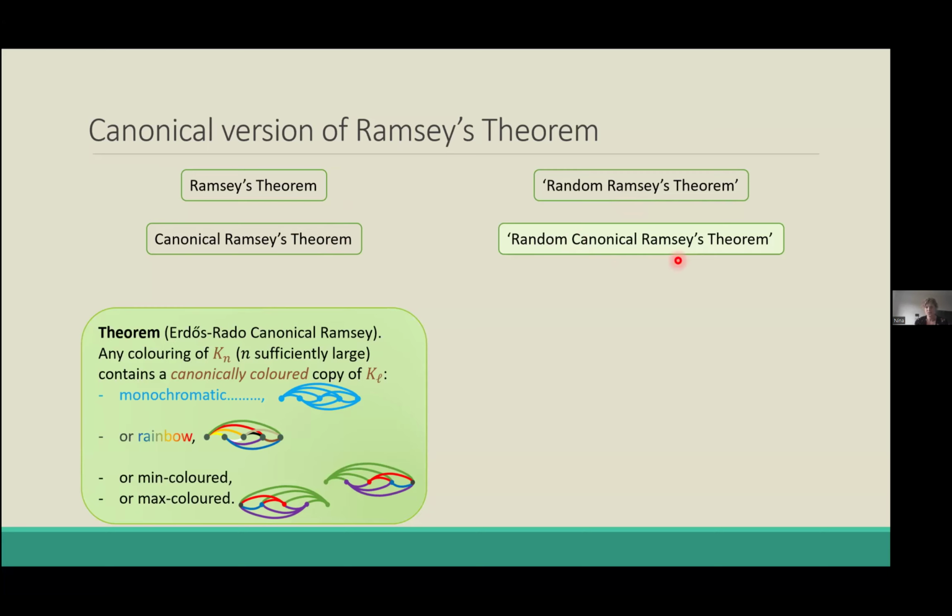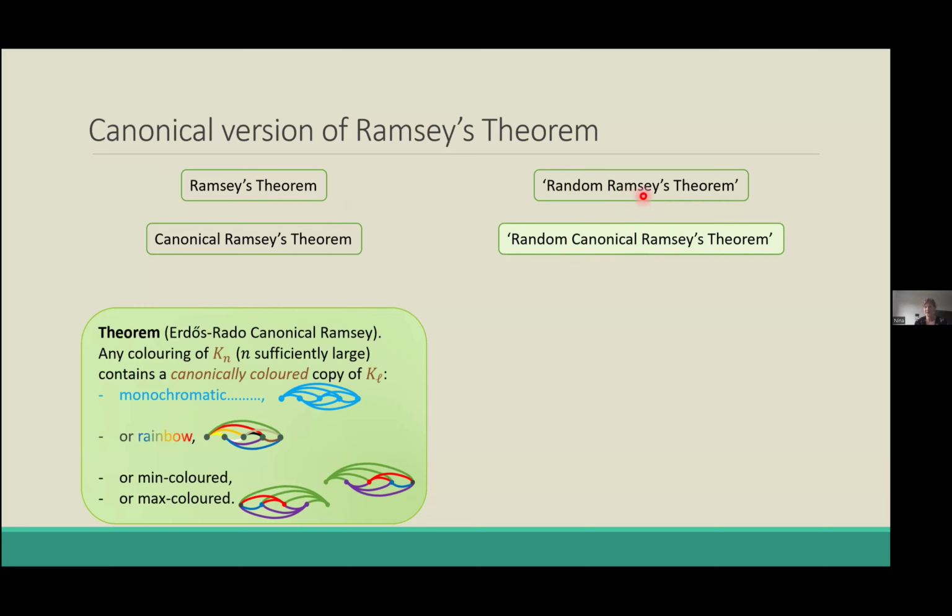So first of all, notice that this is stronger than the usual Ramsey's theorem, meaning that the threshold for this has to be at least as high as the threshold for Ramsey's theorem. This is because you can always use a 2 coloring.